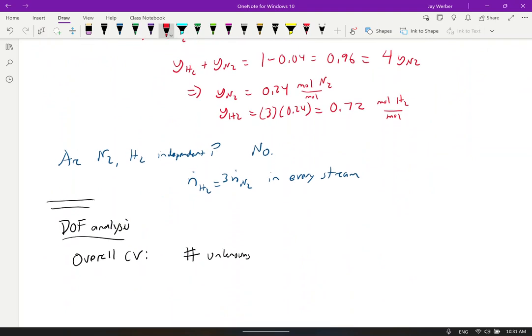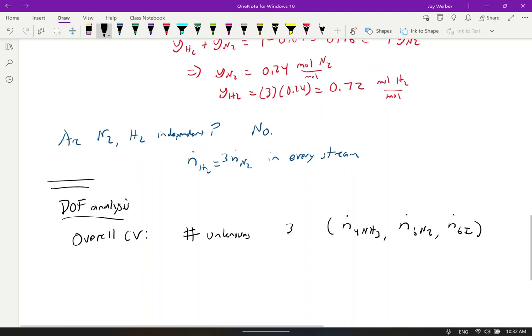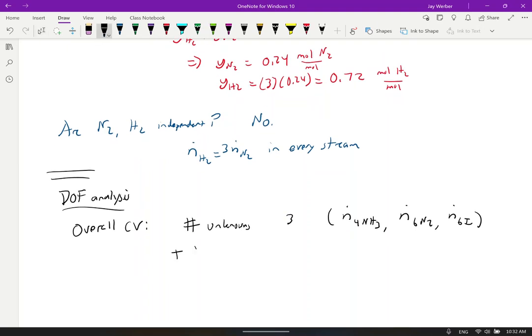So we have 3 unknowns. And this is the amount of ammonia, the amount of nitrogen, and the amount of inerts. Okay. We have one reaction, and this is going to give us our extent of reaction. And then what do we have here? Let's see.